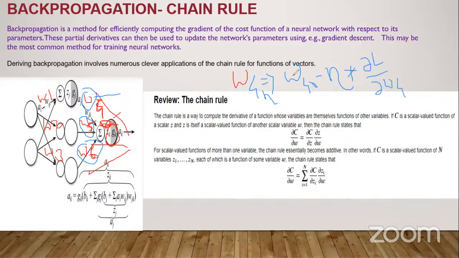This part is clear, I think, right? This is the learning rate, and this is loss with respect to weight. This is the formula I can directly use. Even for W5 it's okay, and for W6 it's okay.